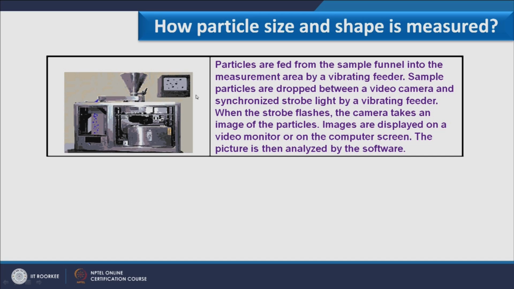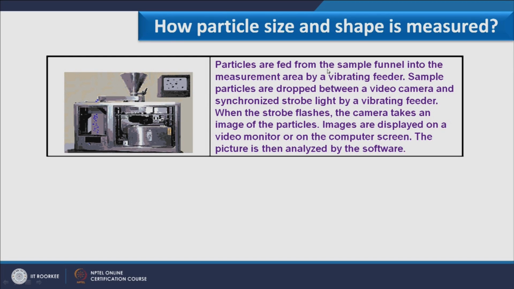Now, in this slide I have shown how the particle size and shape is measured. We have already discussed this, but whatever we discussed was the manual effort. If we want to compute this through an instrument, how will we do this? This is the basic instrument for this, and we call it a particle size analyzer.